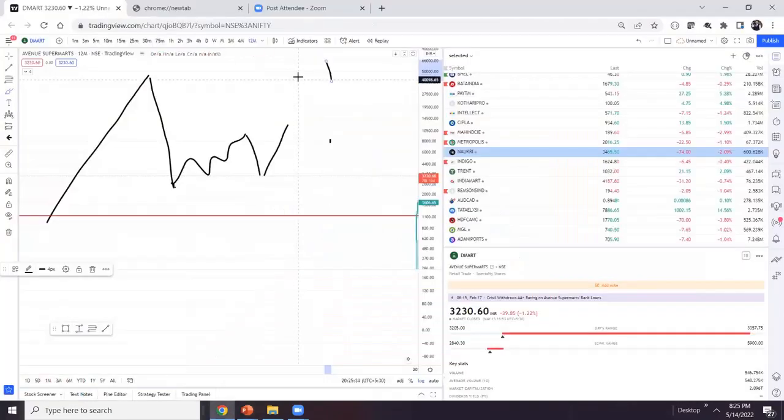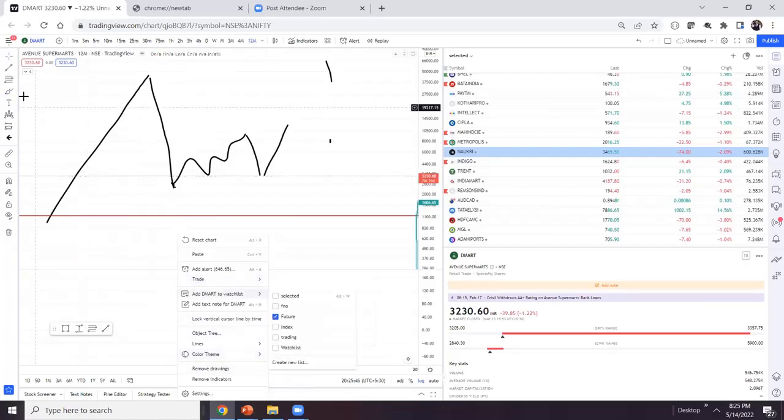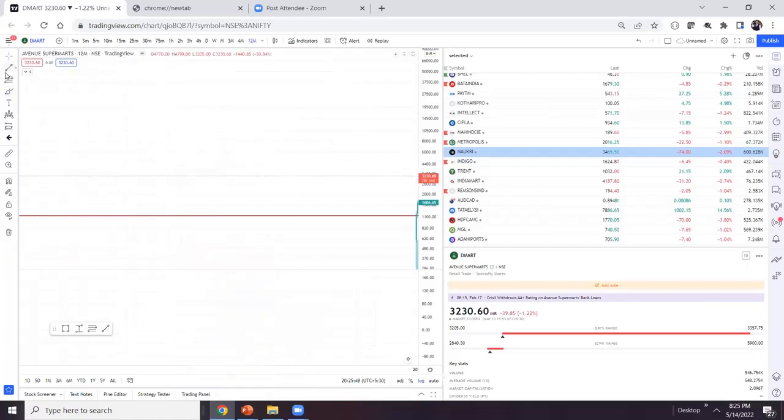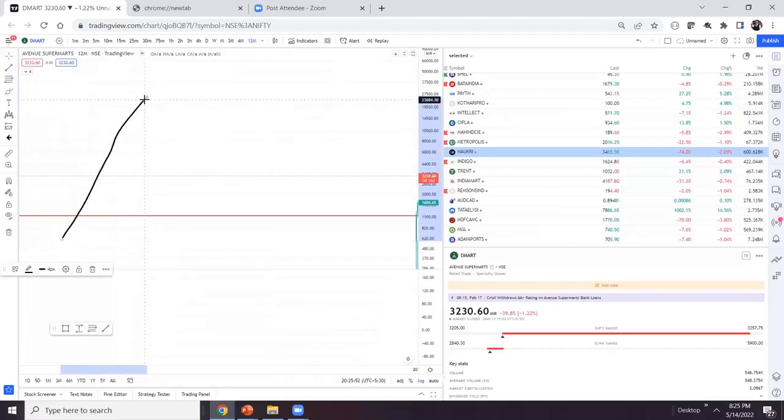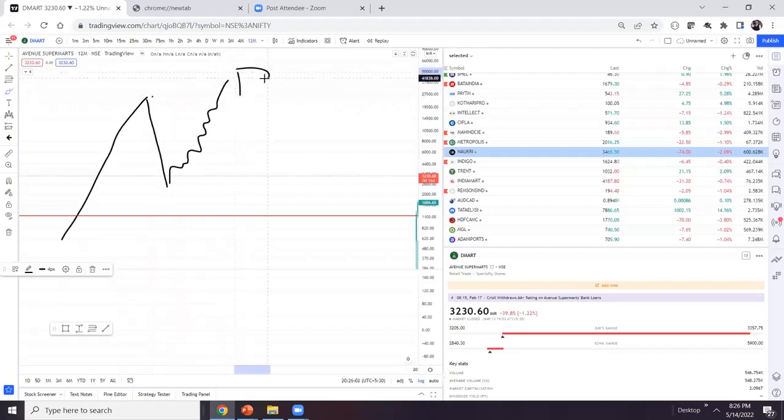If there is an up move, then there is a fast down move. In the third one, the correction will break this top, which is the B wave.